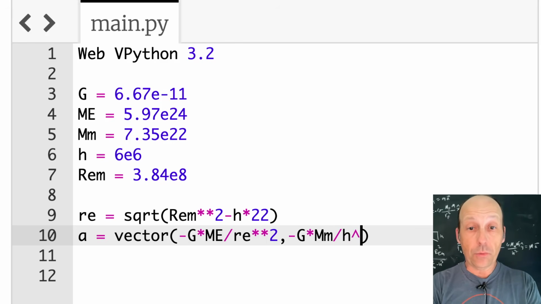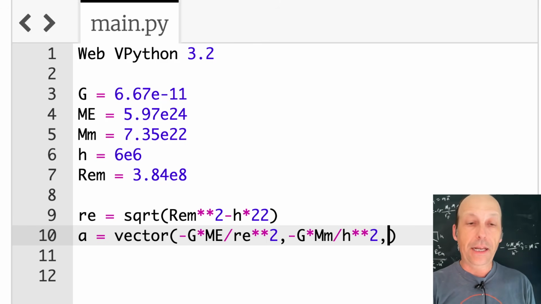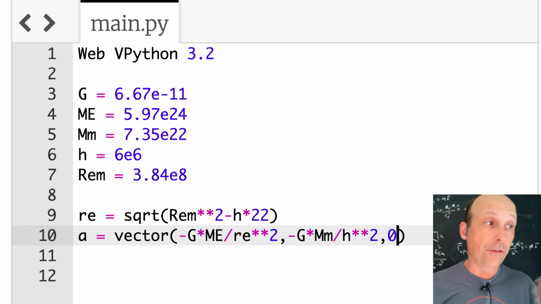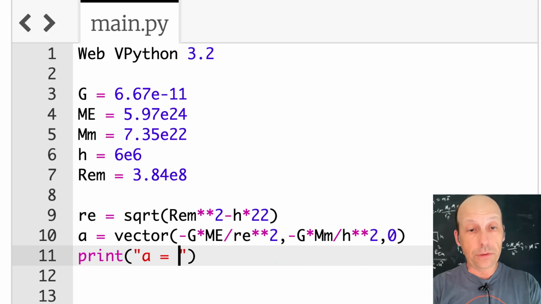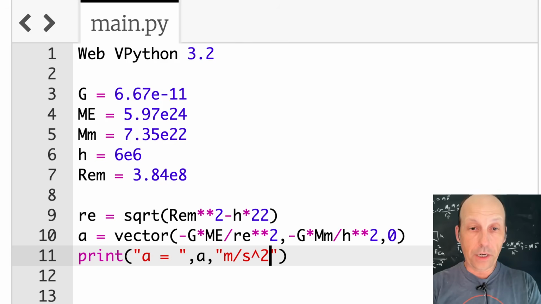Divided by h squared. Now, I'm using the built-in vector class, and it requires 3 dimensions, so I need the 0 right there. Now I can print that. Let's say A equals A, and give it a unit so it looks nice. Meters per second squared, and run it.